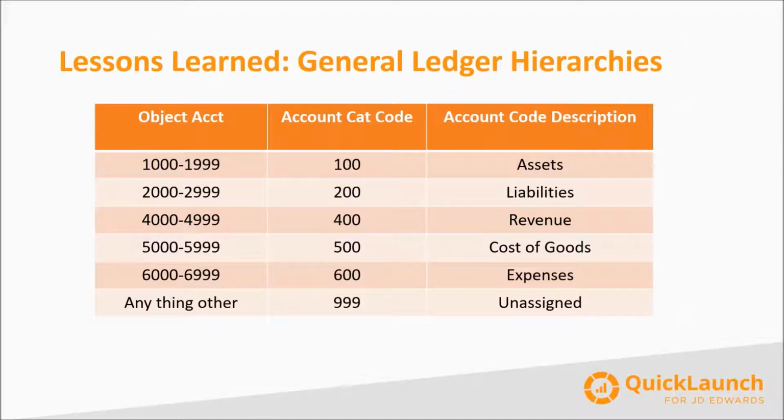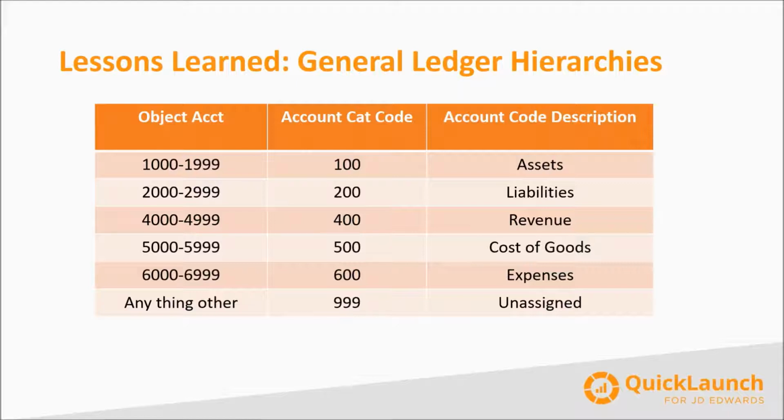Okay, so another thing we found very, very helpful to us is general ledger hierarchies, right? So we have a recommended process where you might be setting up account codes on your 901 that you want to use to drive your balance sheet or your income statement. And their methodology of doing that is really helpful. So we might have, maybe in this case, account cat code. Pretend that was kind of account cat code level 01, and there might be another level 02.